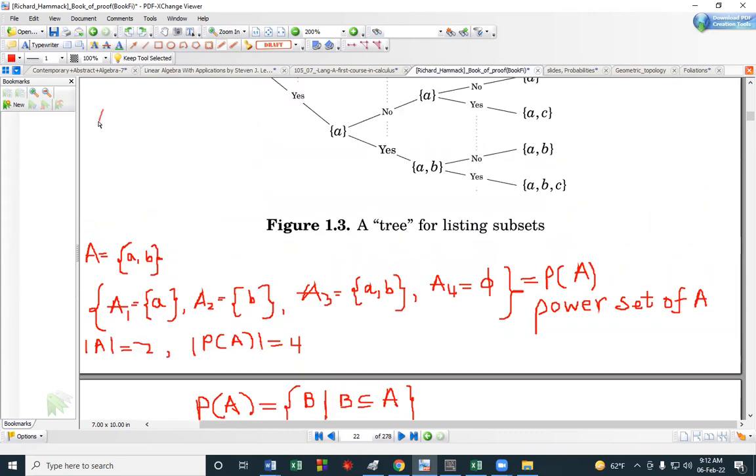Okay, how about if A has a single element? How many subsets are there? 2, right? Then the power set of A contains A itself and the empty set.